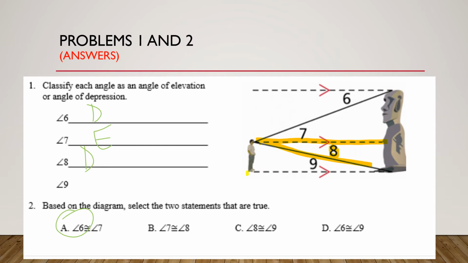And then if I look at my horizontal line and my line of sight, 9 is above that line of sight, so that makes it an angle of elevation. So if I'm looking at that same line of sight, 8 and 9 are on alternate sides, so they would also be congruent to each other.